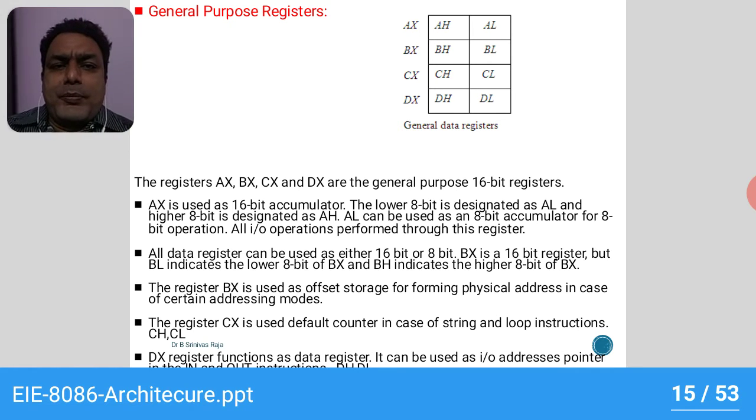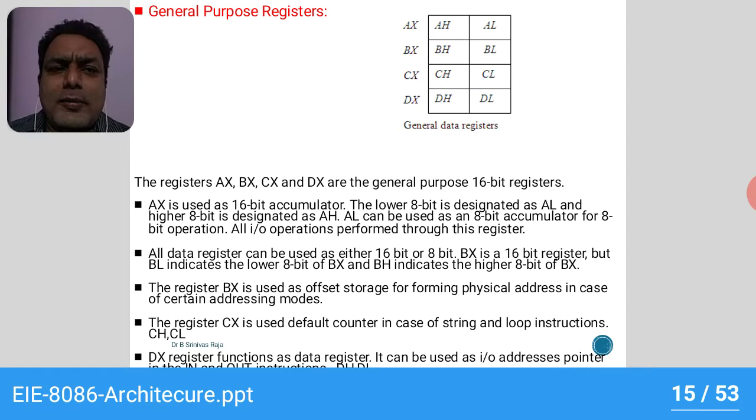Now coming to the general purpose registers, you can see on the slide that these general data registers are classified into AX, BX, CX and DX respectively. AX consists of two 8-bit registers. So as a whole, AX is a 16-bit register. So AX contains AH and AL.